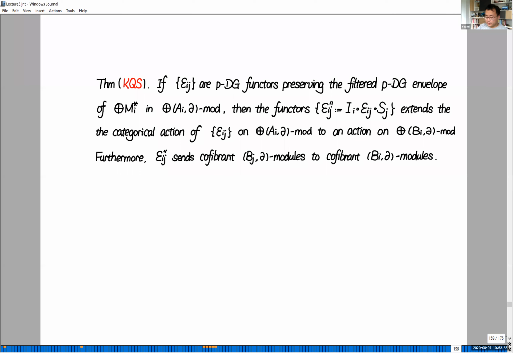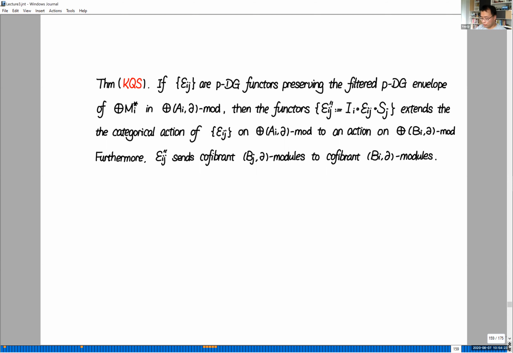So in the pDG land, the previous theorems in our joint work with Khovanov and Sazdanovic actually generalize, it's not very difficult. If this collection of functors preserves the filtered pDG envelope, a notion that I haven't really introduced, but it's the analog of the additive envelope in the pDG world.